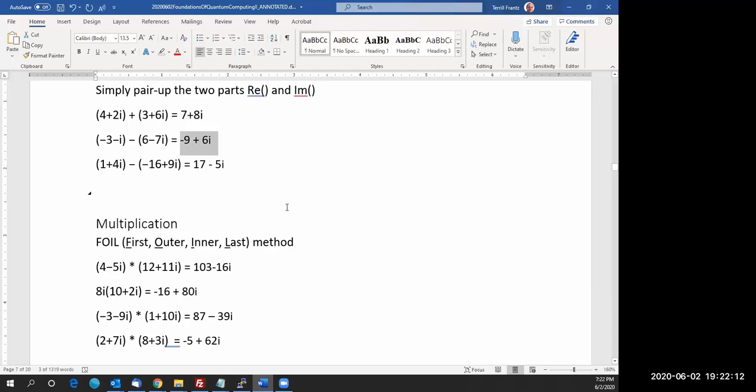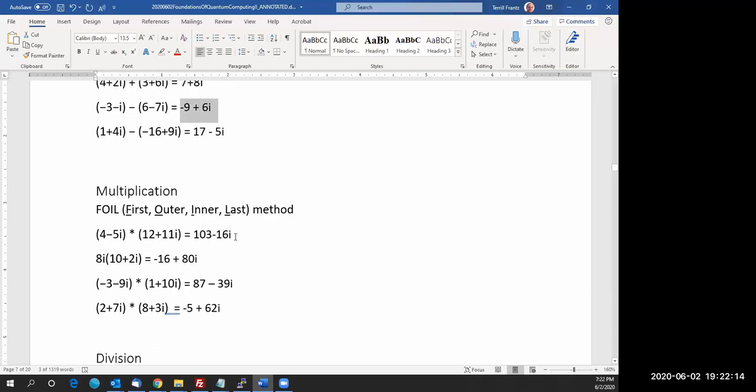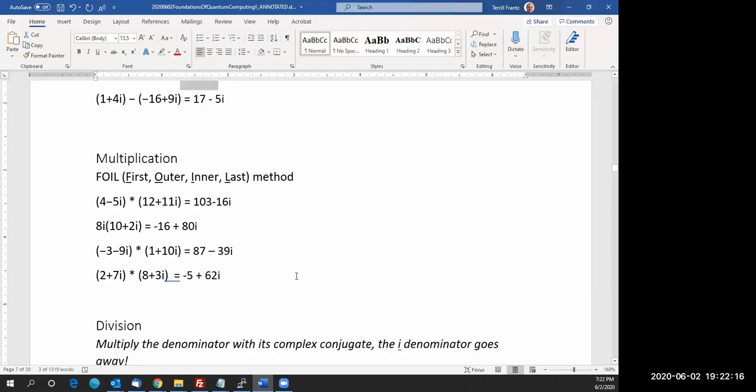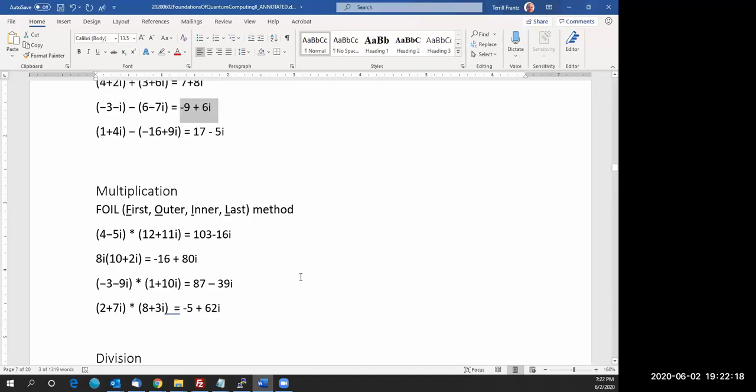Now, multiplication, and I separate multiplication and division out because they are mechanically different. Multiplication of two complex numbers is essentially handled the same way that we've always multiplied, what are they called? I want to say compound numbers or something.